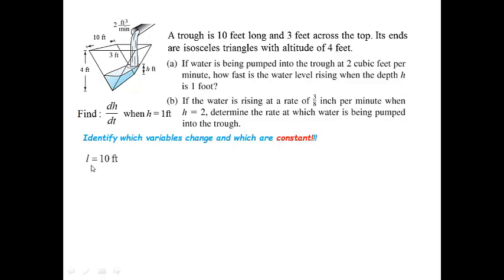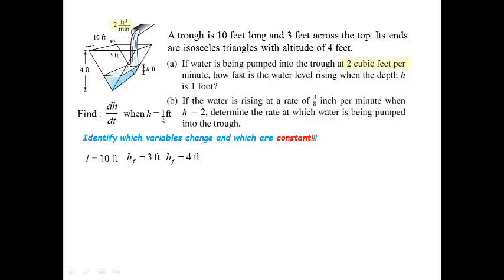So we have variables like the length L is equal to 10 feet. The base when it's full is 3 feet. The height when it's full is 4 feet. And the rate at which it's being filled is 2 cubic feet per minute.